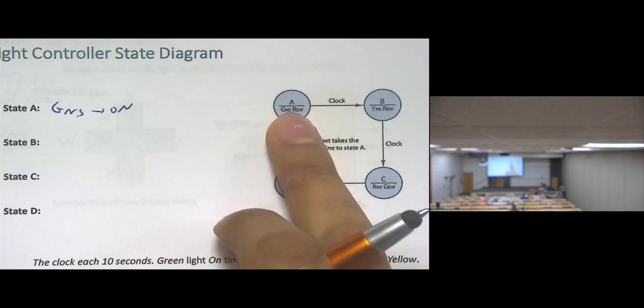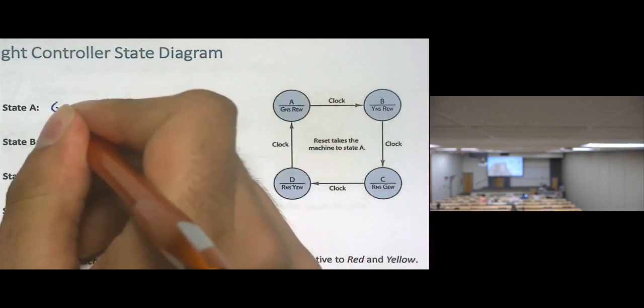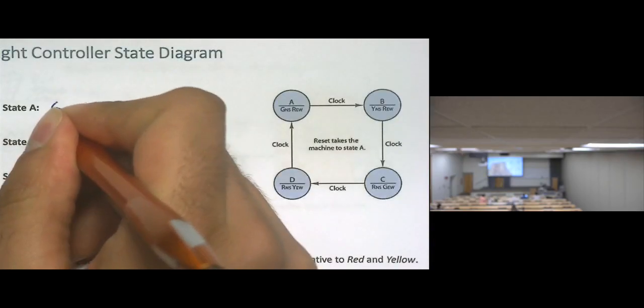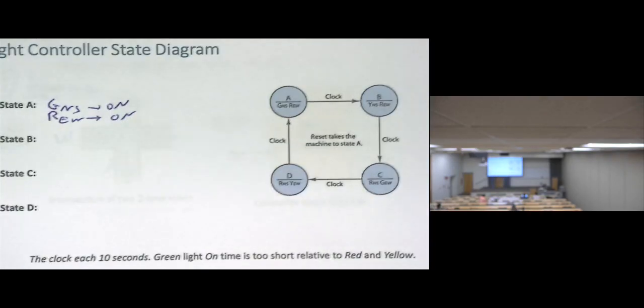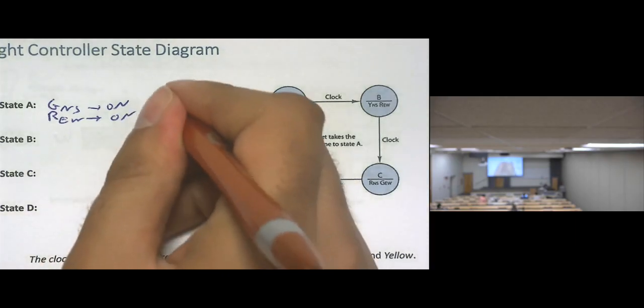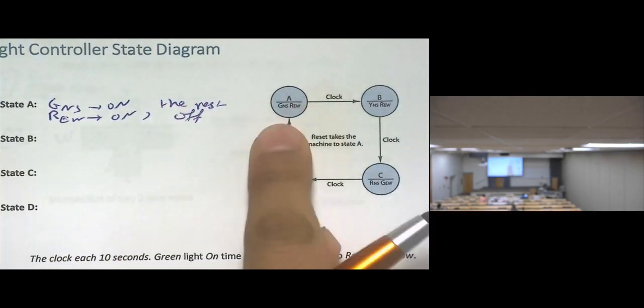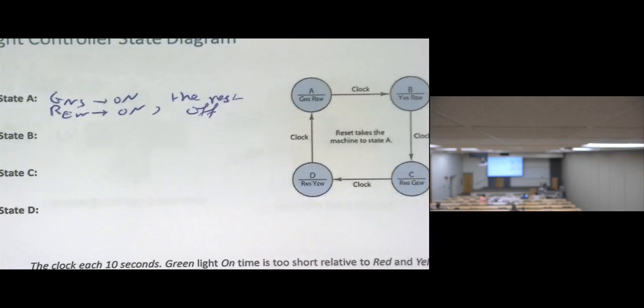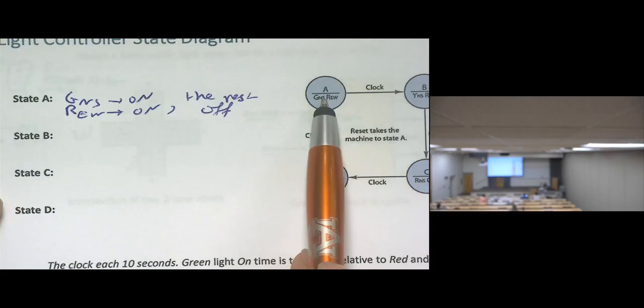It should be red, right? So in this case, green north-south is on, and red east-west is on as well. The rest will be off. So this is state A, and I call it G NS, R EW, which means what is on here.